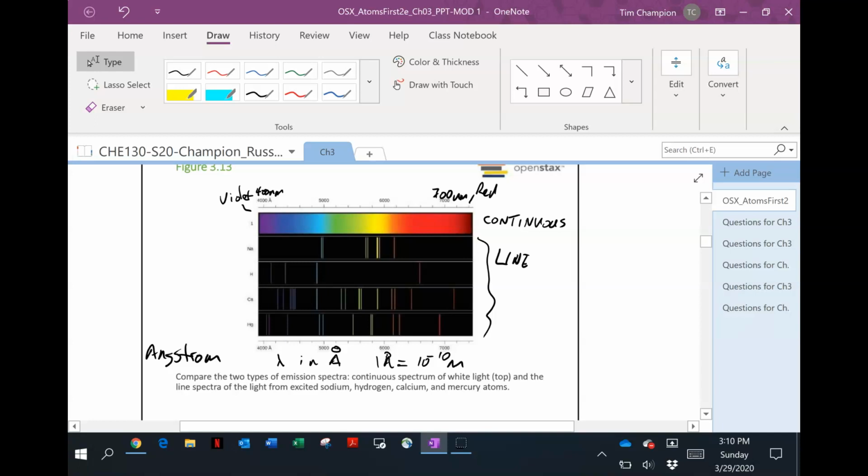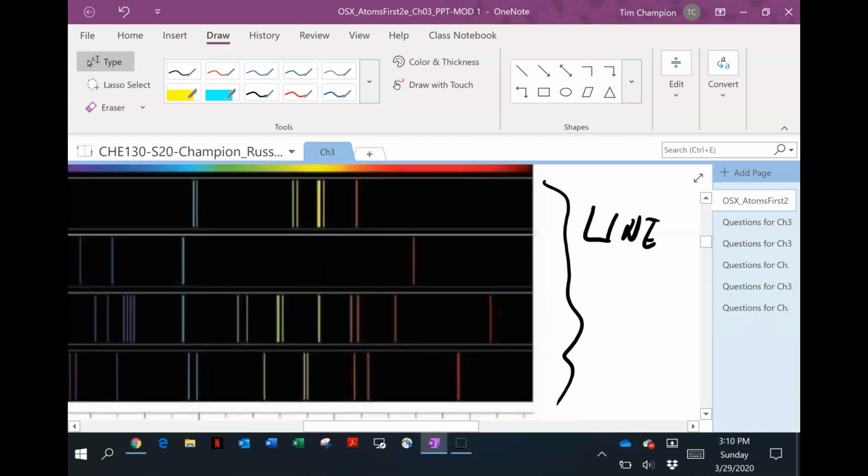And when they relax back, they give off these characteristic lines. So that line right there, that I'll just try to trace with the mouse here. So you see this line right here, for example, is due to a very specific transition of electrons in the hydrogen atom. This one is due to a different, very specific transition.